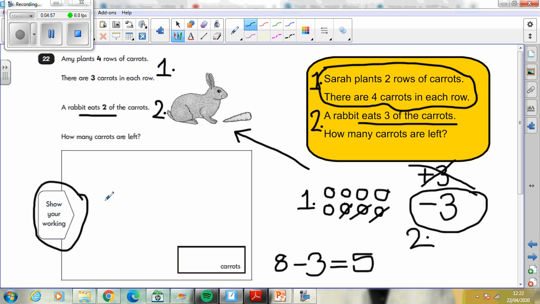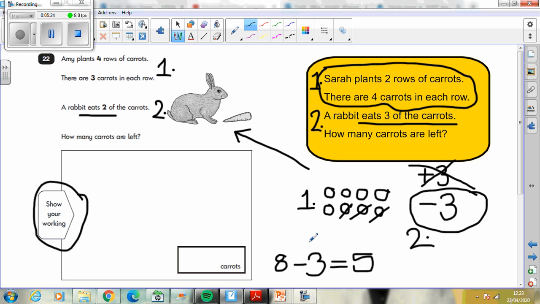So if this was a real SAT paper, it would want you to show how you've drawn out the problem like I did here, or you've written a calculation. Ideally, we'd want to do both the drawing and the calculation, and then the final answer in the box here, just so that we know that the child really understood it.